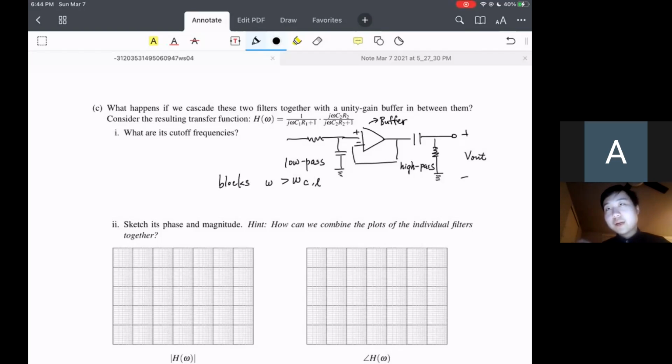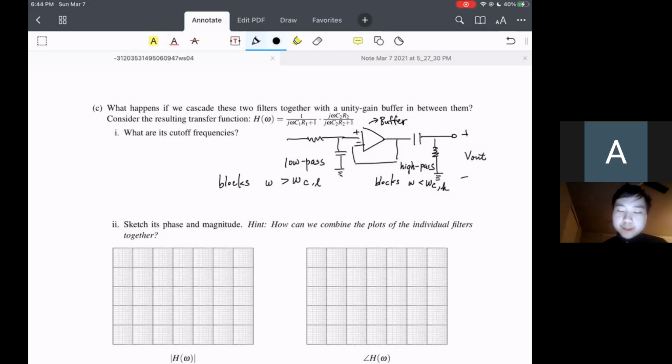Whereas in the case of a high-pass filter, it blocks all signals with omega less than the omega c, the cutoff frequency of the high-pass filter. So the general behavior of this bandpass filter is that whatever is in between those is just going to pass through, right? But if you have something that's out of this range, it's going to be either blocked by the low-pass filter or blocked by the high-pass filter.